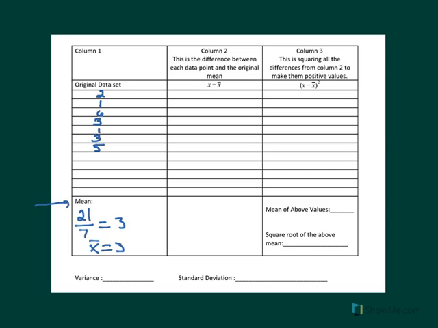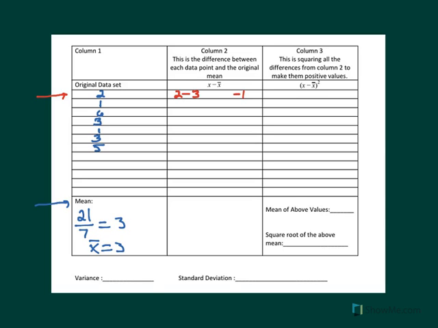And then we need to find how far each data point is away from the mean. So if we look at this first data point, 2, we're going to do 2 minus the mean, and we said our mean was 3. So 2 minus 3 should get us -1.